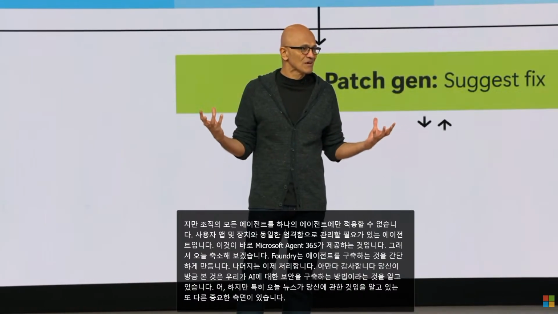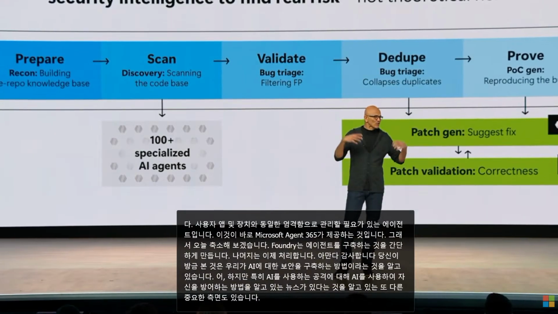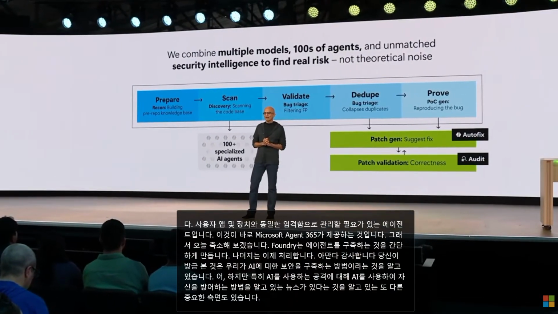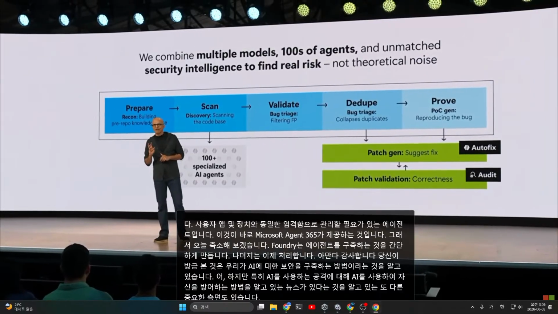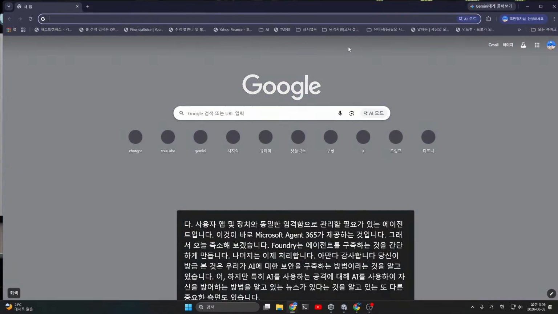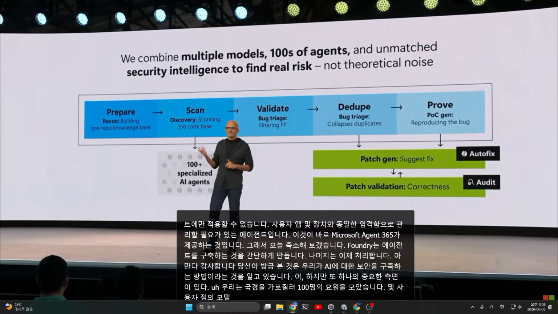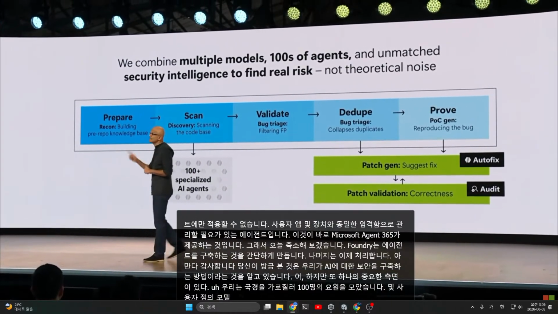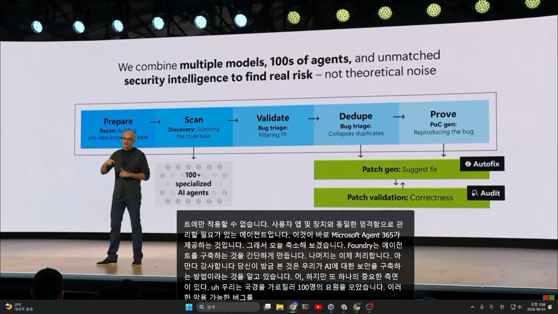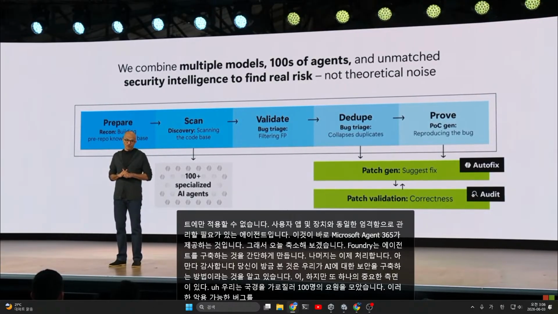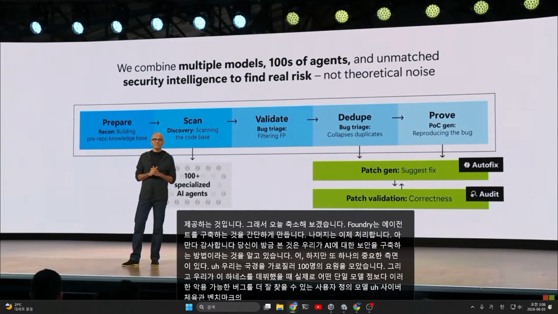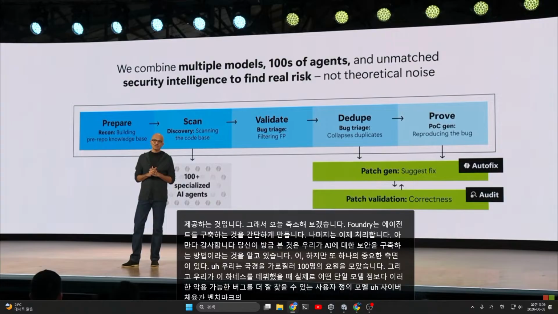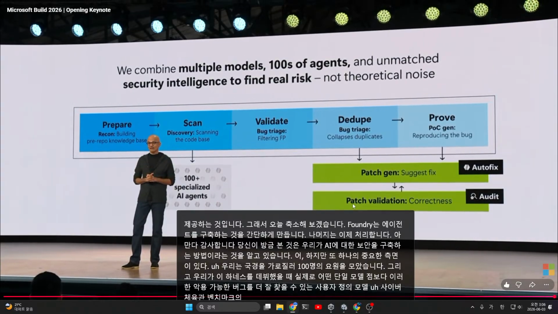That's essentially an agent harness for security that we built. We're bringing together 100 agents across the frontier and custom models to really find these exploitable bugs better than any single model does. In fact, when we debuted this harness, it was at the top of the CyberGym benchmark. So I want you to take a look at what you can do with M-Dash to really defend against AI attacks and defend the entire digital estate.